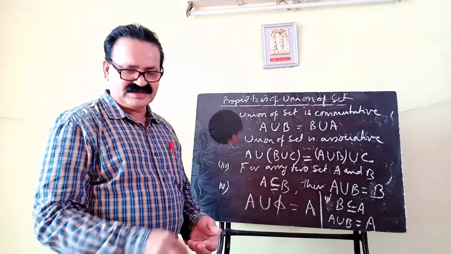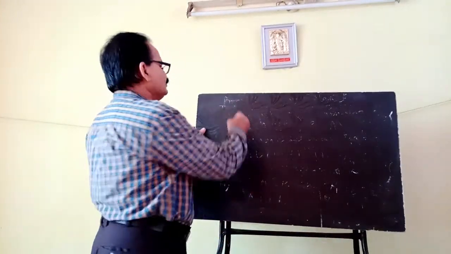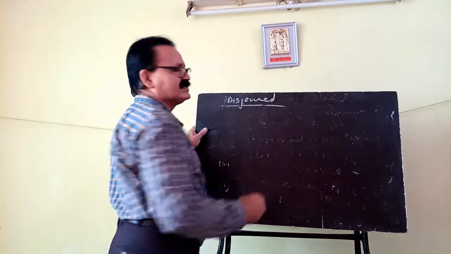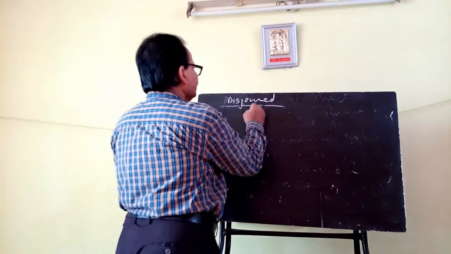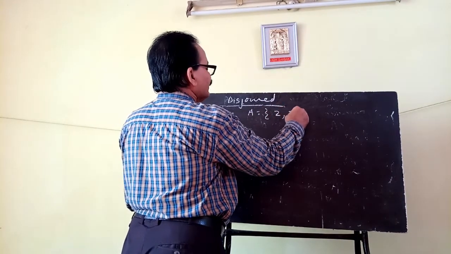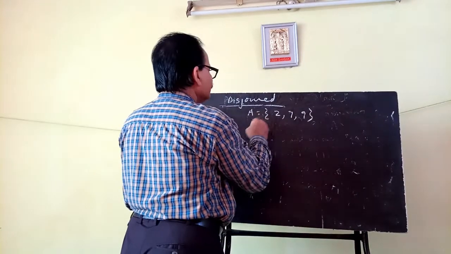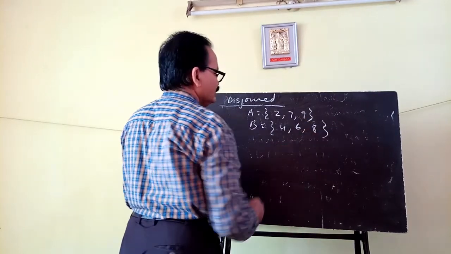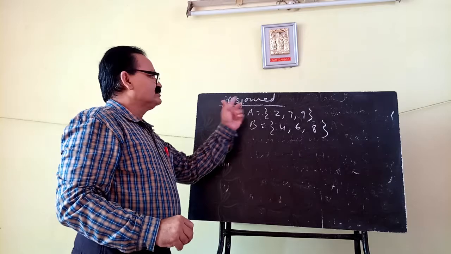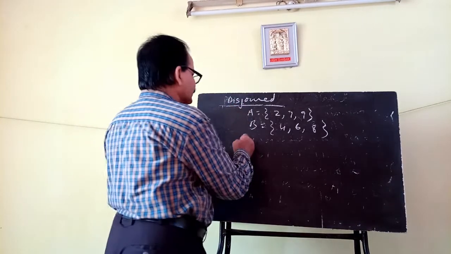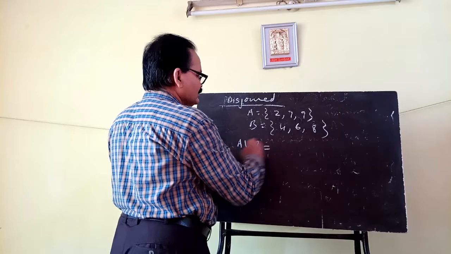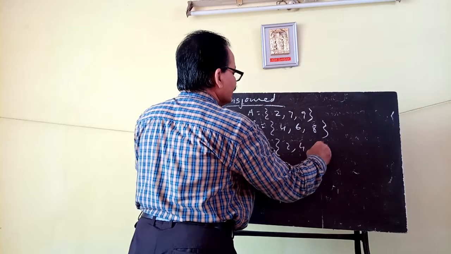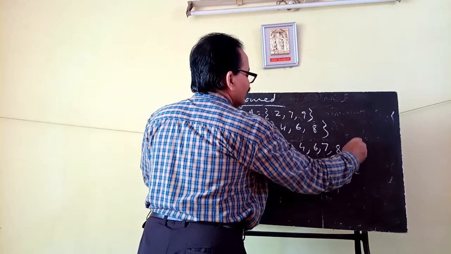So this is about union of sets. These are the properties. Do you know what is meant by the term disjoint sets? For disjoint sets, no element is common between the two sets. Suppose A is 2, 7, 9 and B is 4, 6 and 8. Both are disjoint sets. For disjoint sets, A union B, you have to write in sequence 2, 4, 6, 7, 8 and 9.